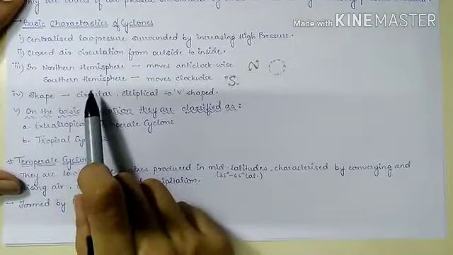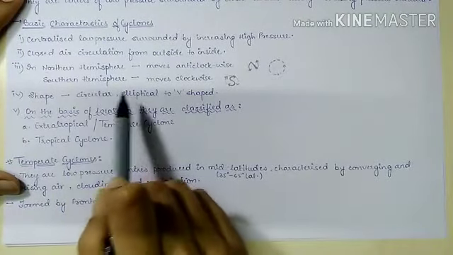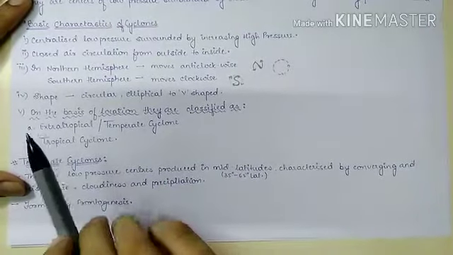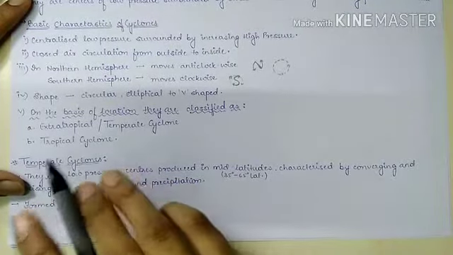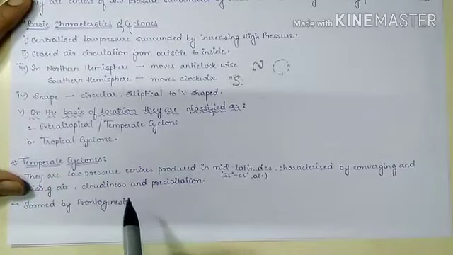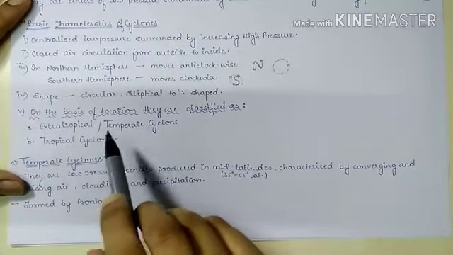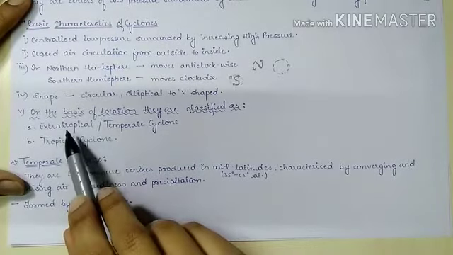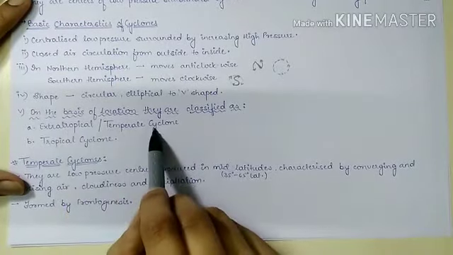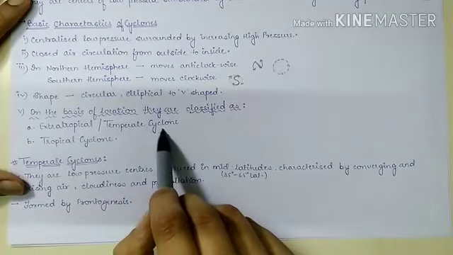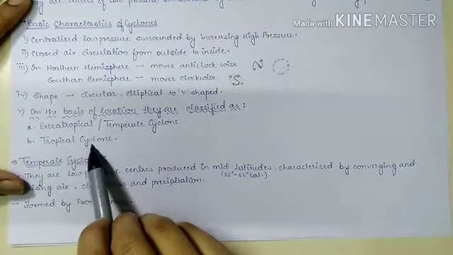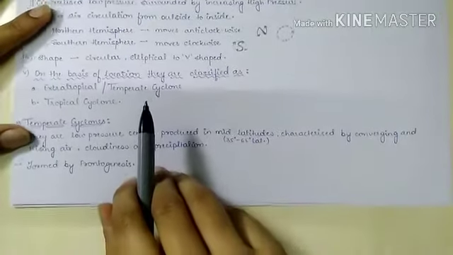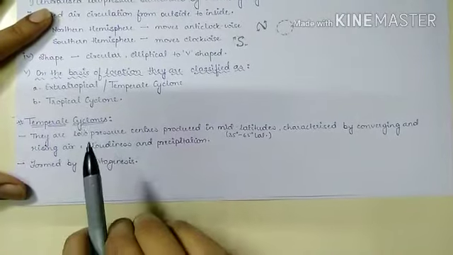Now their shape ranges from circular to elliptical to V-shaped. On the basis of their location they are classified into two types. The first type is extratropical or temperate cyclone, and the second one is tropical cyclone. As the name suggests, the temperate cyclones will be found in the temperate region and tropical cyclones would be found in the tropical region. First we will complete temperate cyclones.